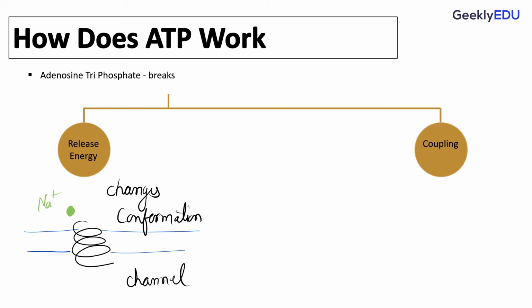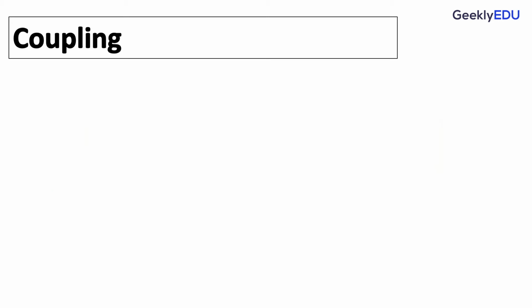So I want to convert glutamic acid to glutamine. Now glutamine conversion requires it to combine with NH3. Alas, this reaction requires plus 3.4 kilocalories per mole.